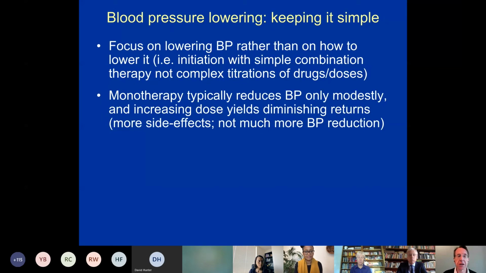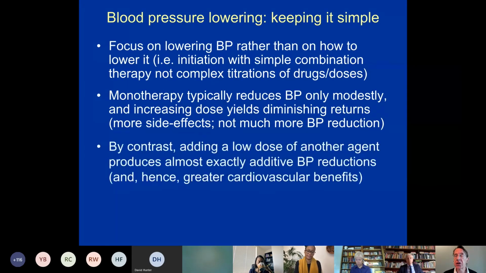This concept of starting with a single agent and then titrating up, where we know that monotherapy produces only modest blood pressure reductions, and that just increasing the dose of those drugs, as is again recommended in the guidelines, really has diminishing returns in terms of further reductions in blood pressure or risk, but does increase side effects.